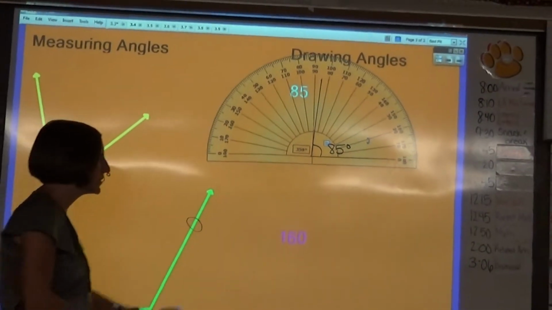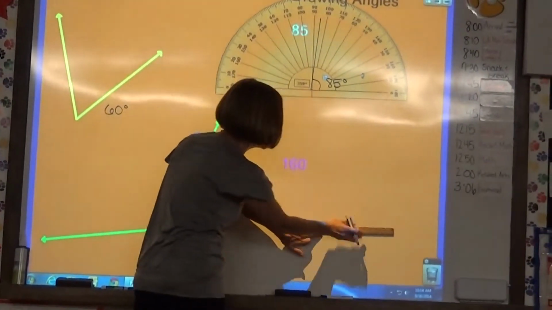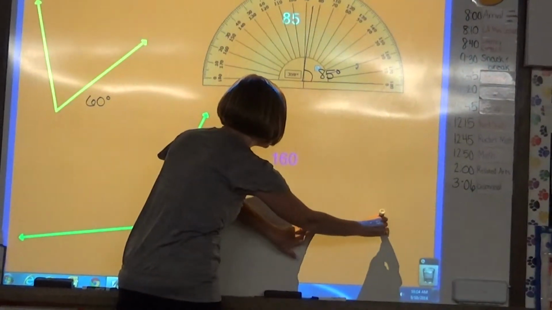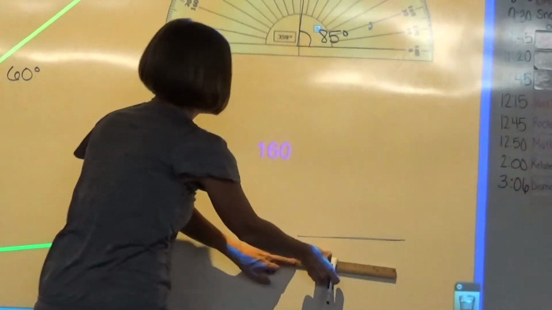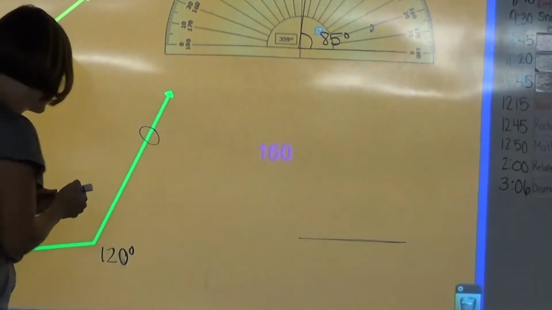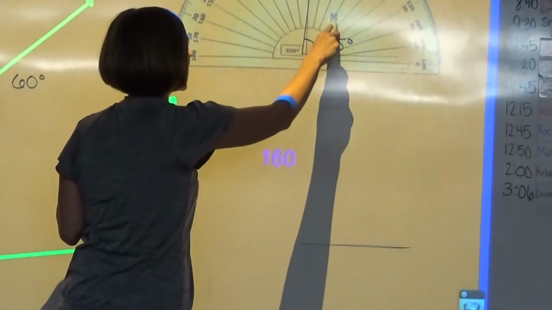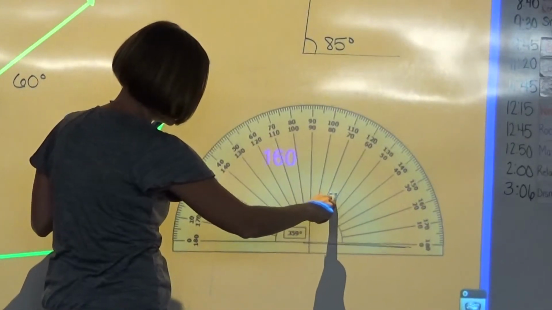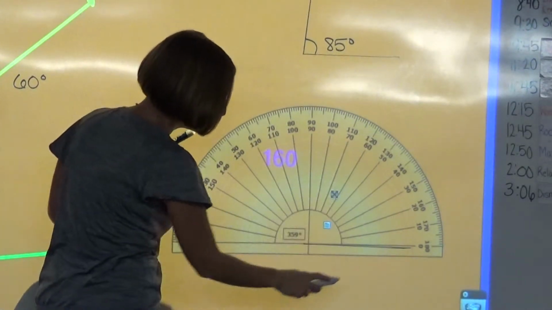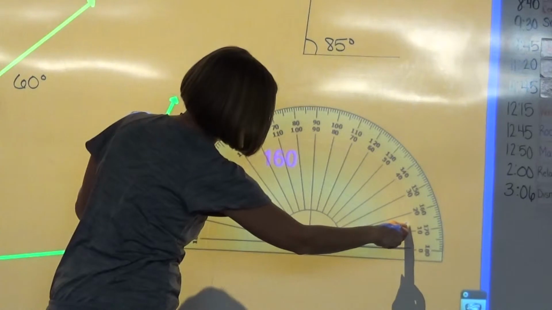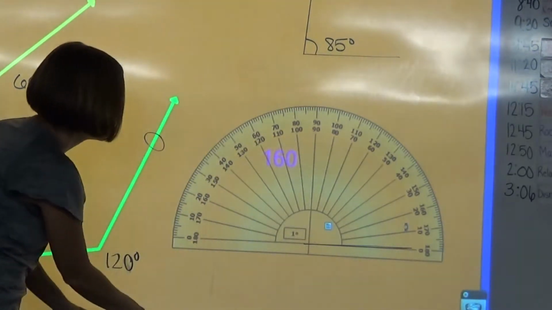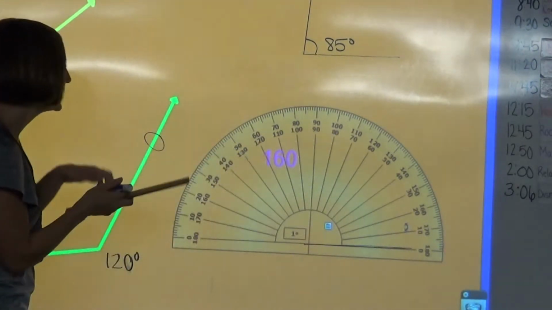You can also draw angles that are obtuse. So again, you start with your straight edge. Use your protractor. Line it up along your straight edge. This angle is 160 degrees.